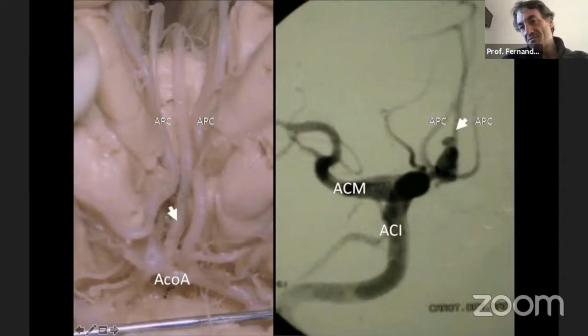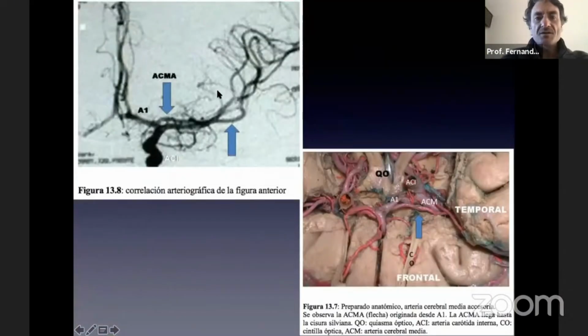And here we can identify an arteriographic case with one pericallosal artery here, one artery here, an aneurysm, and the third pericallosal artery or middle callosal artery. This is the third variation.